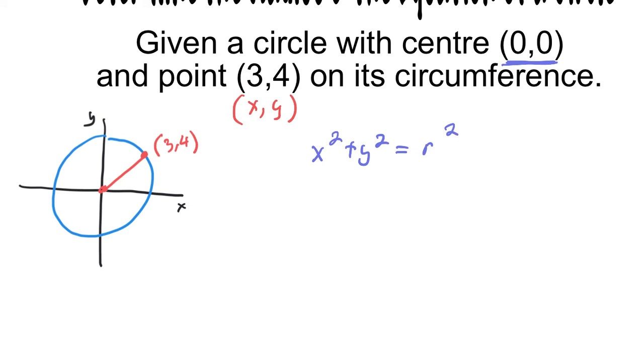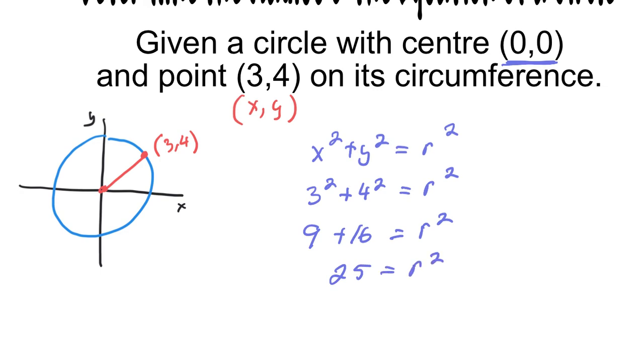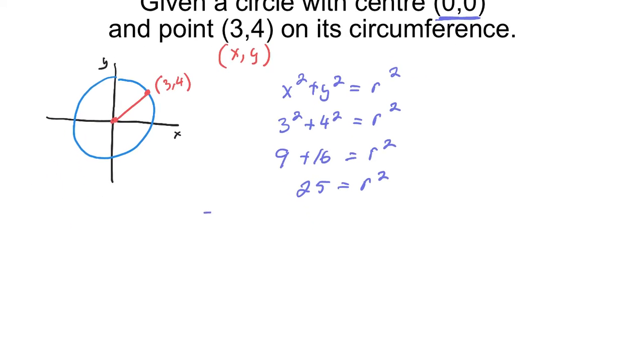So subbing in our x value would be 3 squared plus 4 squared. And now we have 9 plus 16 equals r squared. 25 equals r squared. So the formula for that particular circle would be x squared plus y squared equals 25.